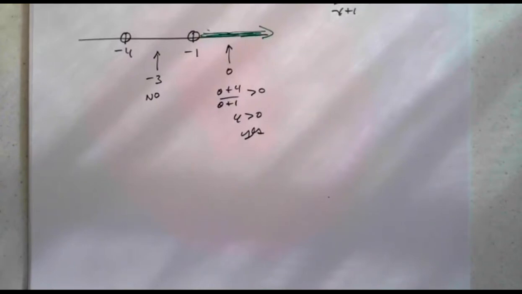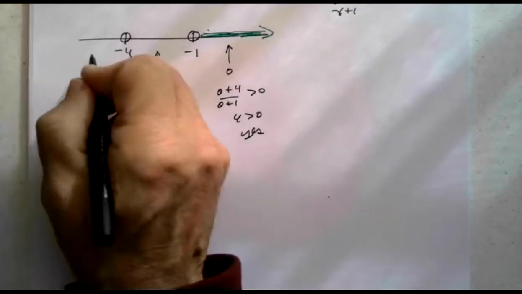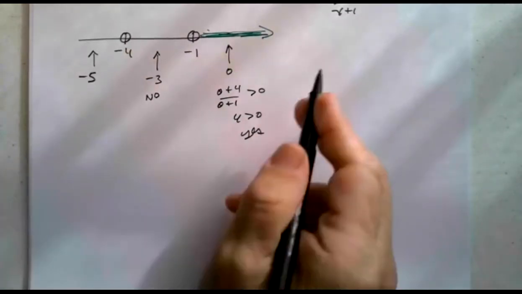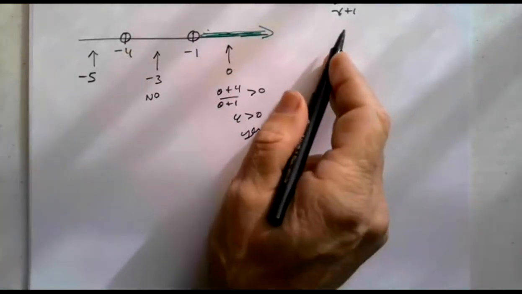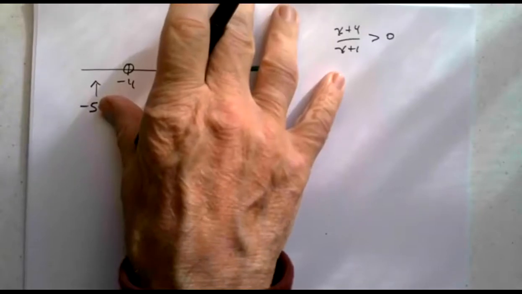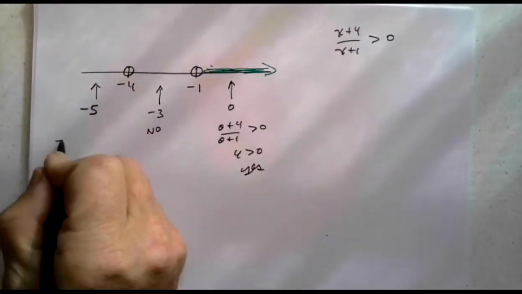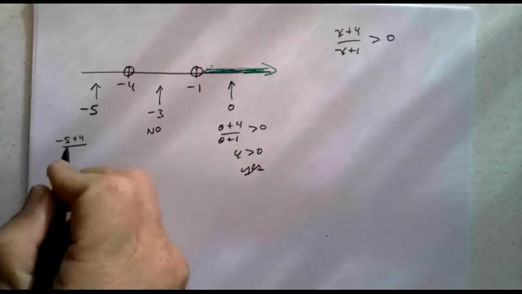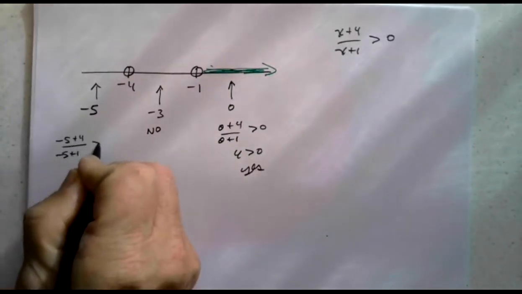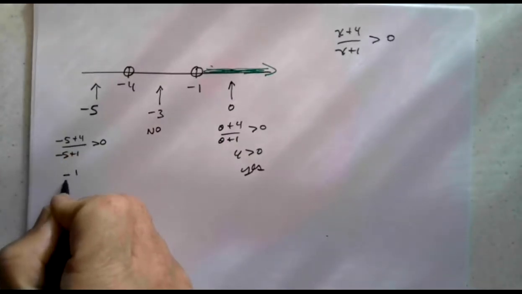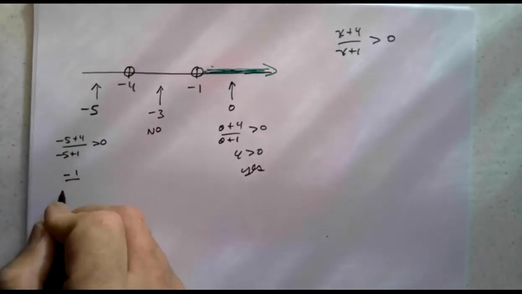And how about to the left of -4, if I try -5? Again, I want to see, is x plus 4 over x plus 1 bigger than 0? So plug in -5: -5 plus 4 over -5 plus 1. -5 plus 4 is -1. -5 plus 1 is -4.